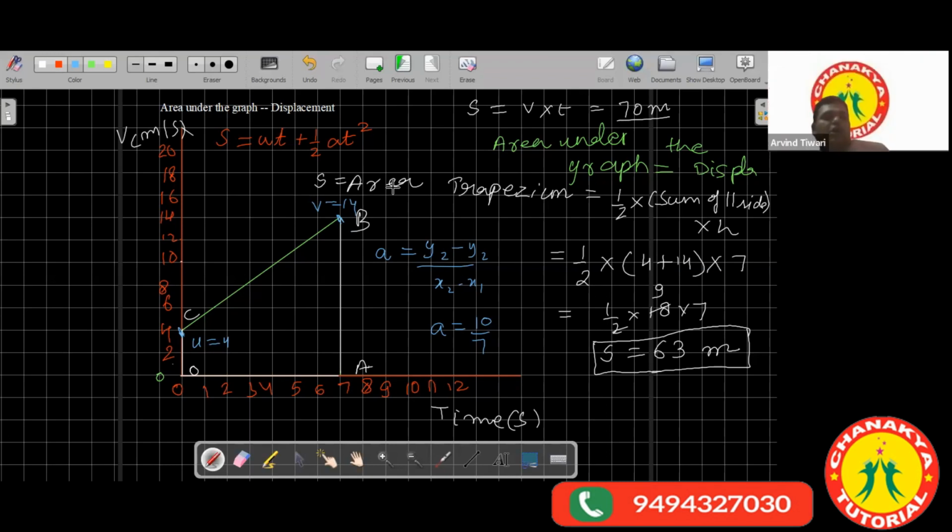All those who have verified can raise their hands over here, so that I know how many of you have understood how to find the displacement from a velocity time graph. Jitendra has done.